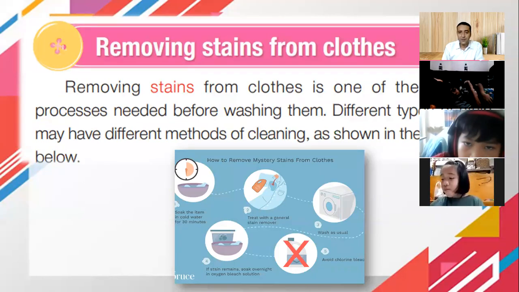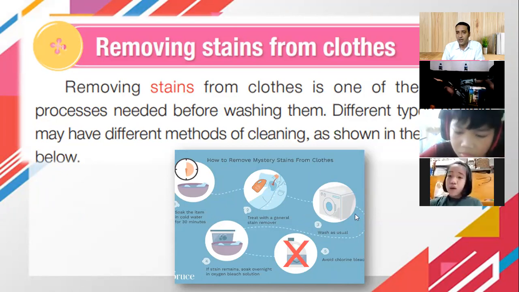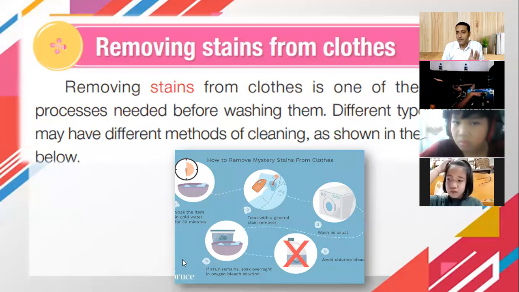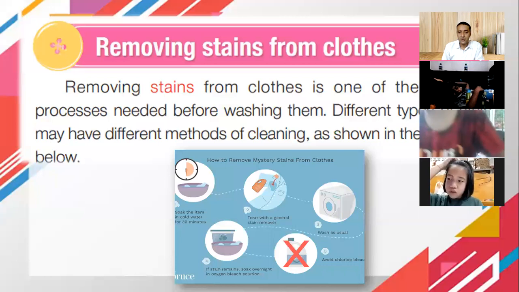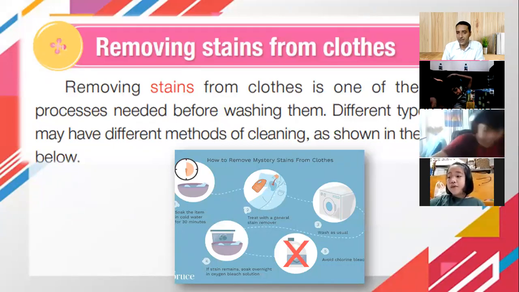Now the third thing, we have to wash as usual, like we can put it in the washing machine, and generally use it. Okay, the fourth step, if the stain still remains, not removed, soak overnight in oxygen bleach solution.